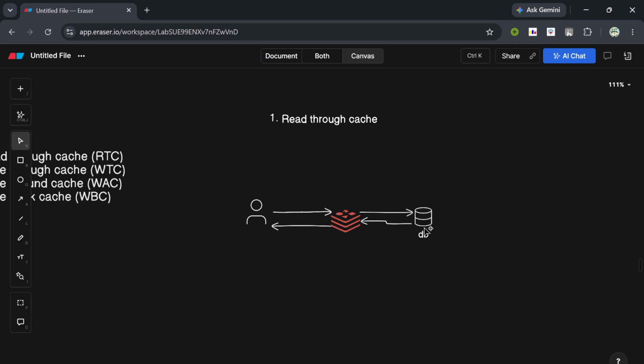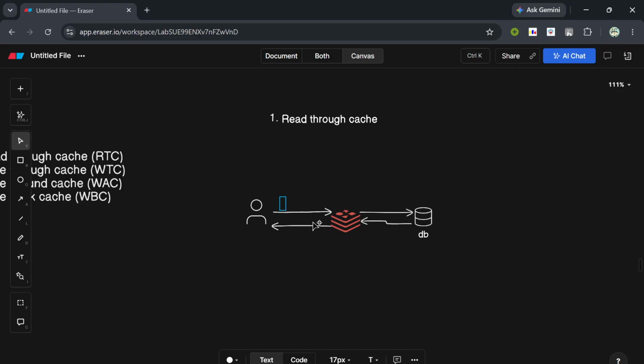And then we also store the data which we retrieve from the database in our Redis, or in our cache storage, so that whenever the user makes a request for this same data again, it can be accessed through this cache storage that we have.